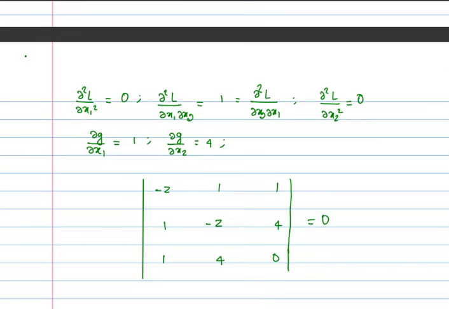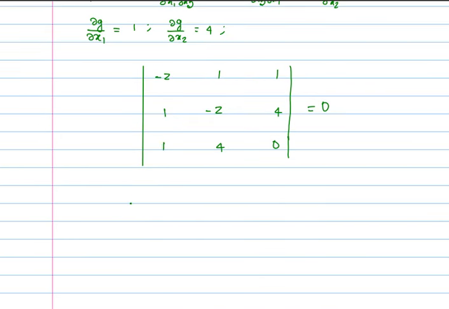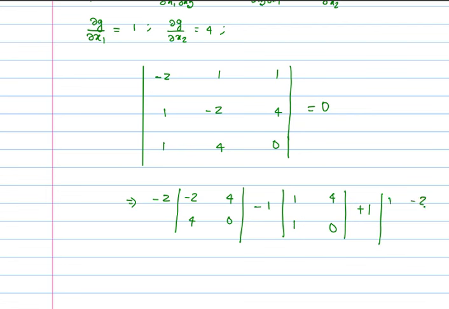So expanding the determinant: minus z times (0 minus 16), minus 1 times (0 minus 4), plus 1 times (4 plus z), equal to 0.